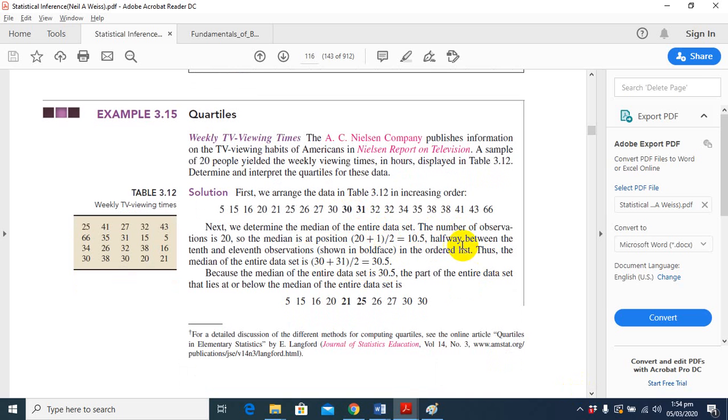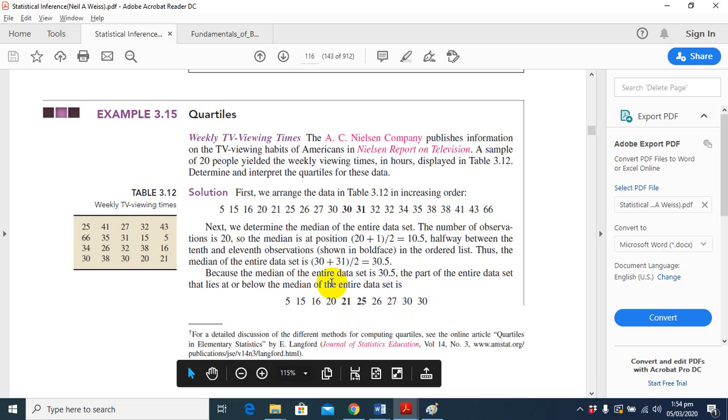This means halfway between the 10th and 11th observation is quartile 2. Here we have two observations in the middle of the data set, 30 and 31, so it becomes 30.5. Likewise, you can find quartile 1 and quartile 3.